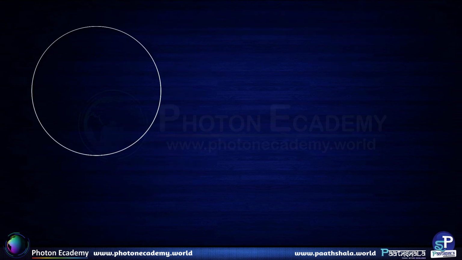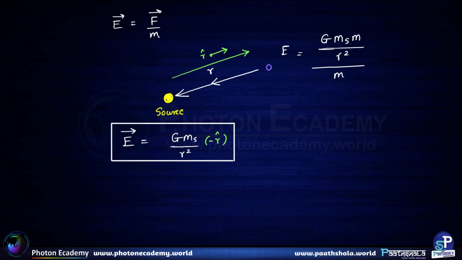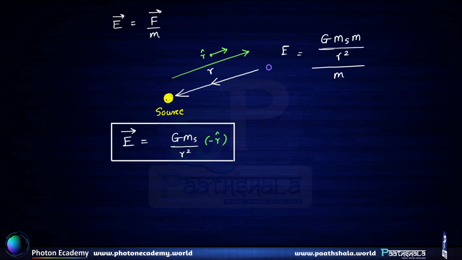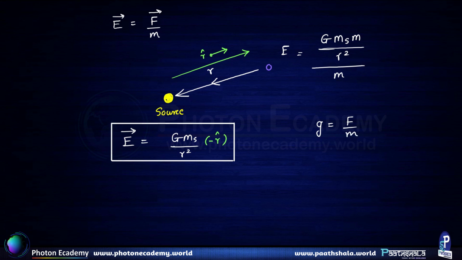Also, the gravitational field is dimensionally the same as acceleration due to gravity caused because of the source mass. So basically, acceleration due to gravity, g, is going to be equal to force divided by m as well. So acceleration due to gravity caused by the source mass is going to come out to be the gravitational field only.